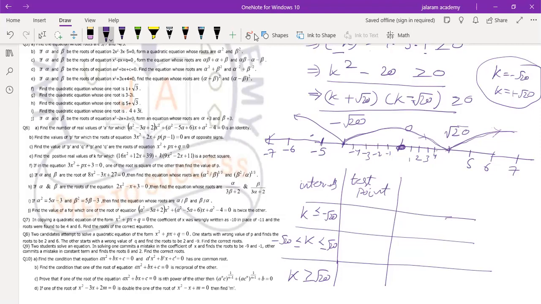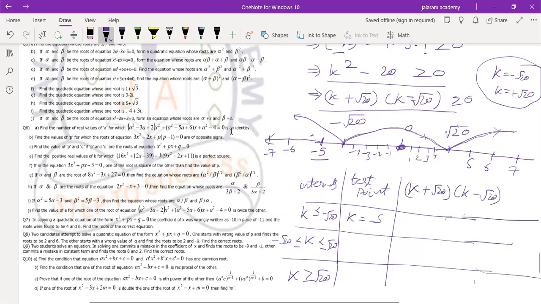Now take one of the test points as minus 5, k equals to minus 5. We have to check for k plus root 20 into k minus root 20 whether it is positive or negative.